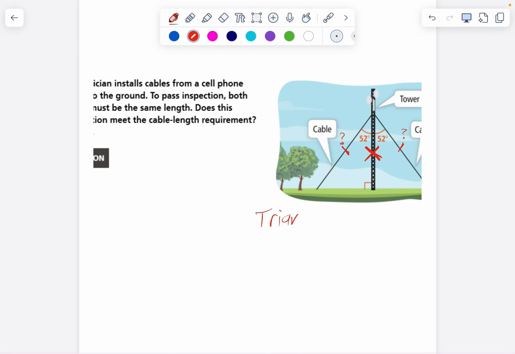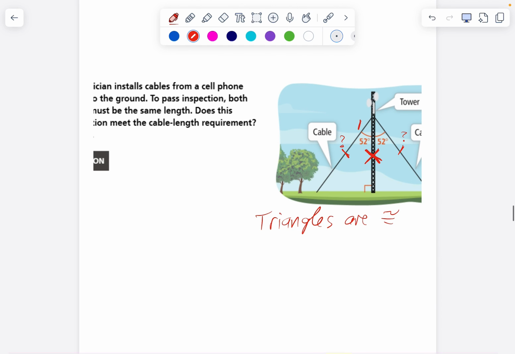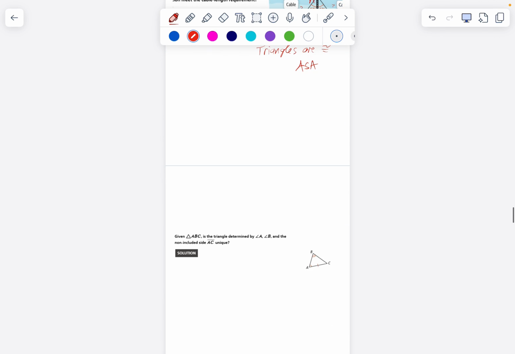Why? Like, which of the theorems on your paper is why? I only know one side, right? I only know this. There you go, good. So angle, side, angle. And again, it just illustrates that just because it's a 90 doesn't mean we'll use HL. We have to know the hypotenuse for that.